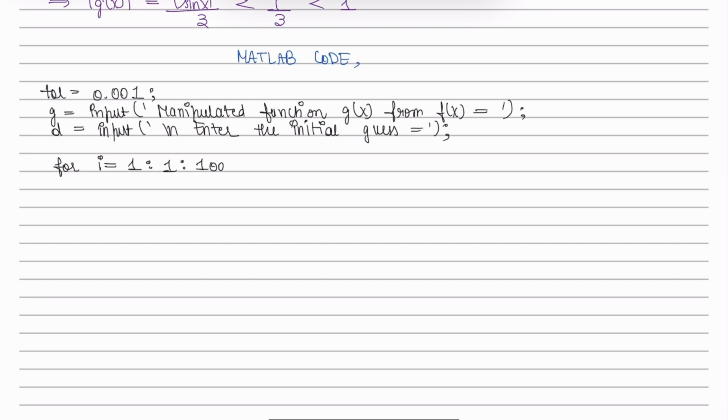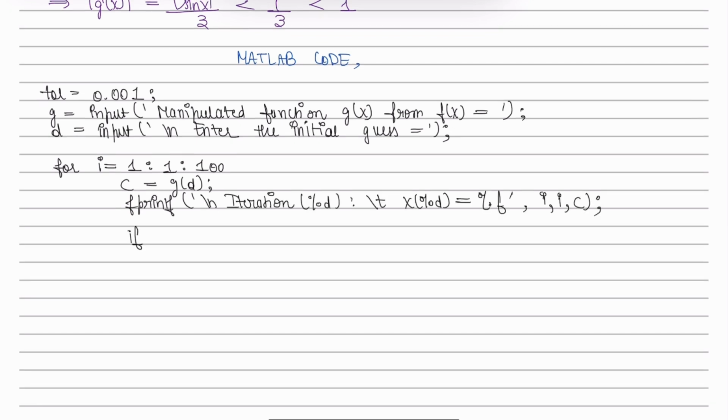Now we will use the iterative process as c is equals to g of d, where d will be my initial guess and will store that value in C. Using the printing statement, checking the stopping criteria, if the absolute value of C minus D is less than tolerance, then we will break this loop.